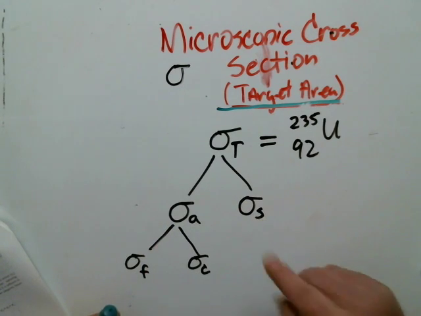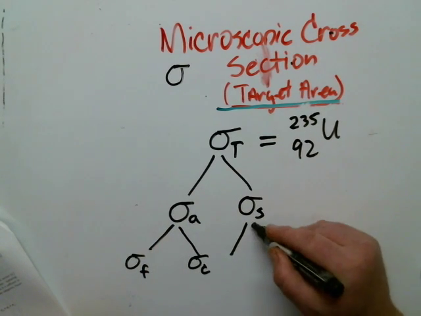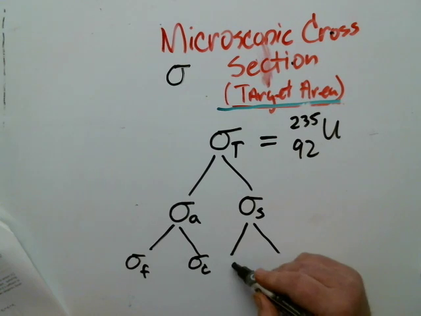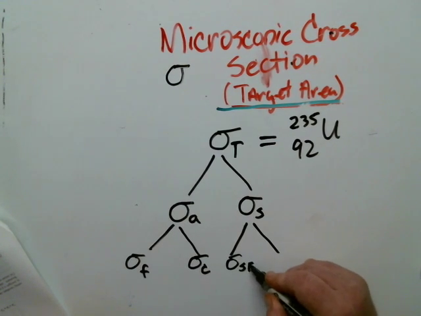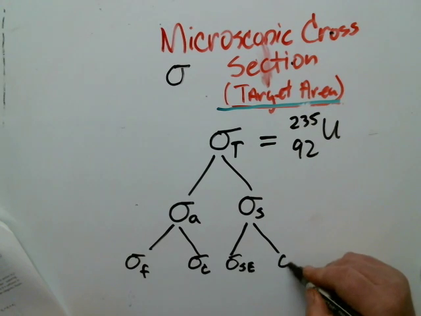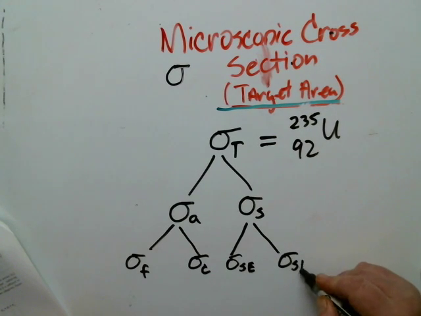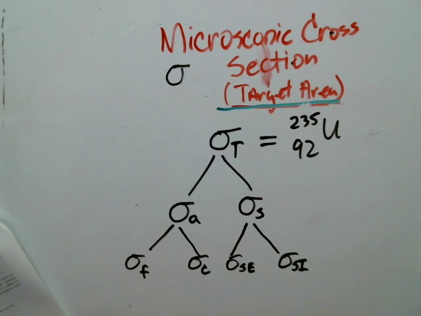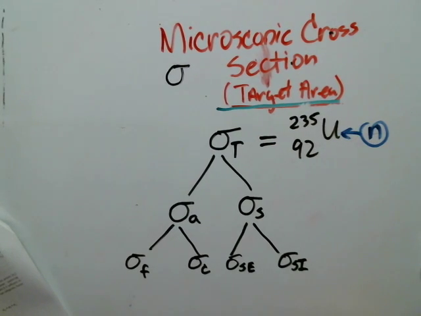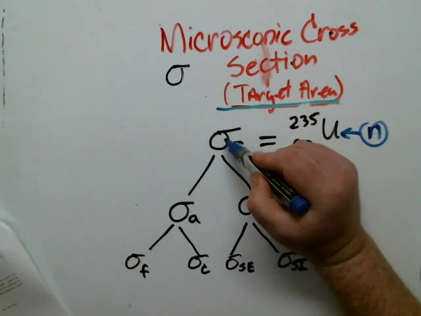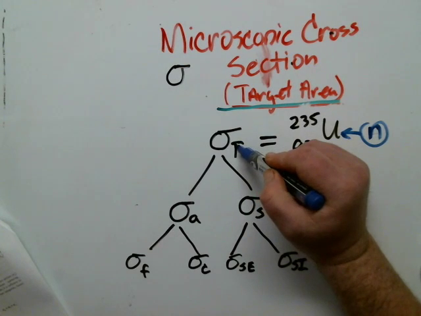There's also two types of scattering reactions. We'll find out and define these. There is scattering probability that it scatters in an elastic fashion, and there's a probability that it scatters in an inelastic fashion. So the total probability of a neutron right here interacting with uranium-235 is called its total microscopic cross-section.